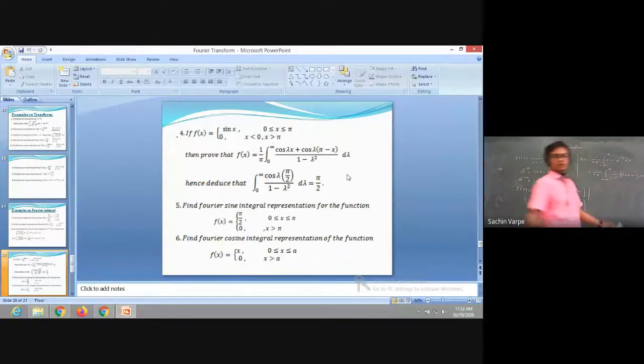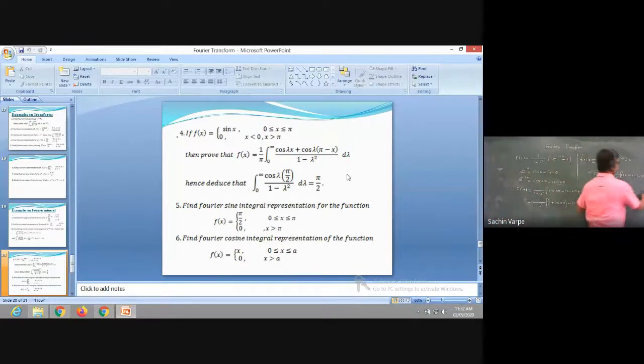So is it the required part? No. Still we are not getting the required one. Anyways, the 1 upon 1 minus lambda square term we are getting here. How do we proceed? Oh, I'm sorry, I left out the exponential term.